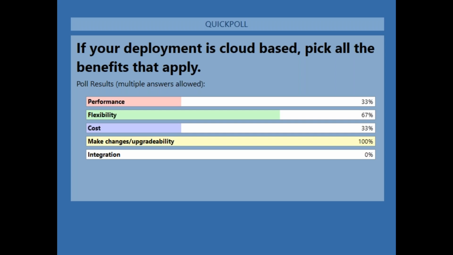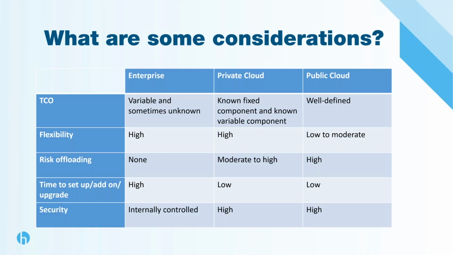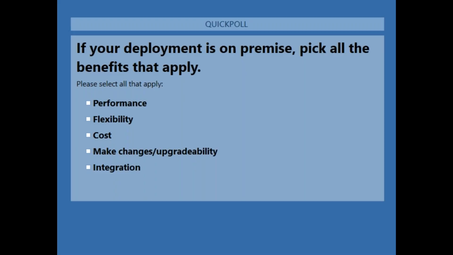But everybody agreed that making changes and upgradability from a cloud is a definite benefit. Okay, great. Appreciate everybody's input on that. If you want to throw the next poll up, Iain, it'll be interesting to compare this to the on-prem side. And again, you can pick any and all that apply.